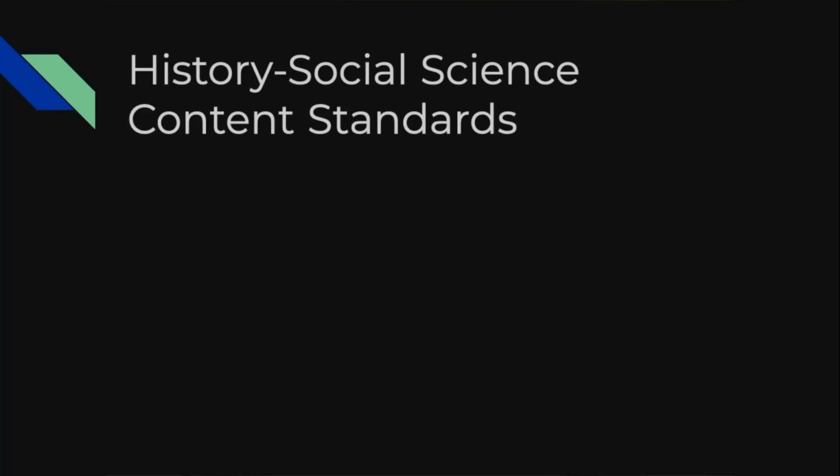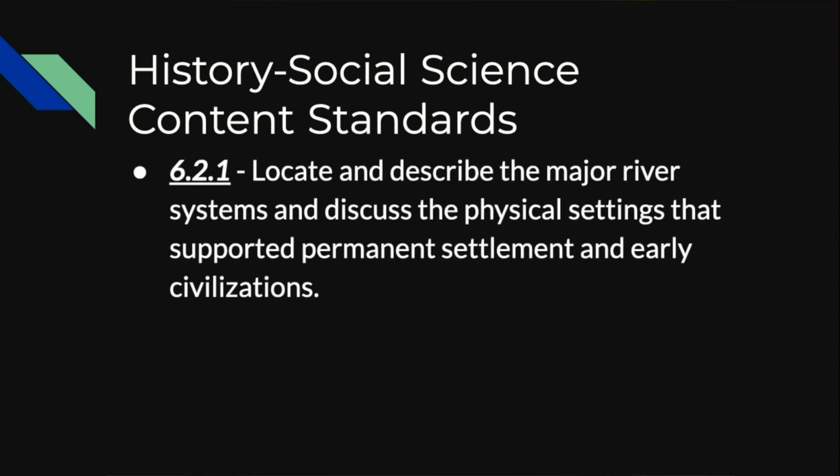Kinda. Before we begin, let's do a little housekeeping and talk about some of the standards we'll be addressing in today's video. First of all, as far as history standards are concerned, we'll be locating and describing the major river systems and discuss the physical settings that supported permanent settlement and early civilizations.